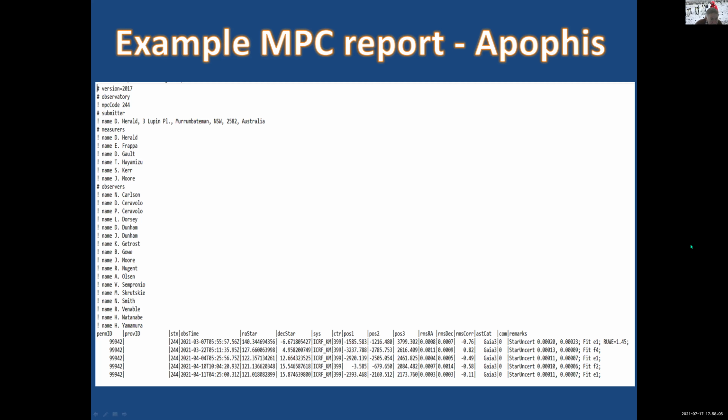And you'll see that all the observers have a family name and an initial. That is the format which is required. It passes through to the ADS, Astronomical Data System. When you observe these things and the astrometry gets published by the Minor Planet Center, your name gets included in the ADS system.